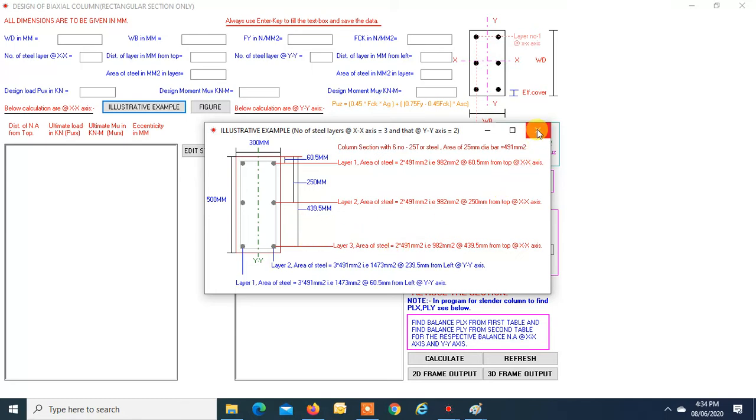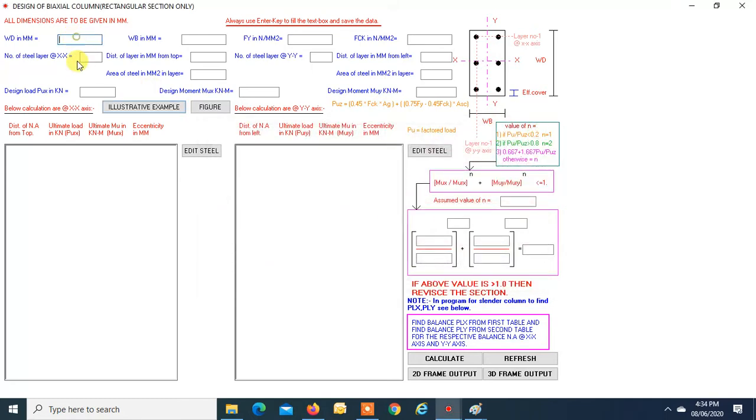Okay, so let us start. D is 500 mm, B is 300 mm, fy is 415, fck is 25. Number of steel layers about X is 3.